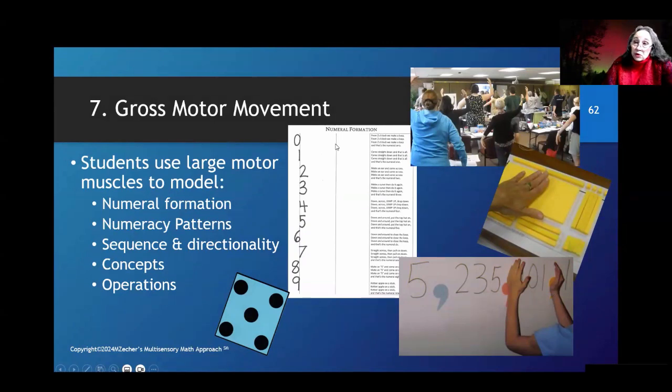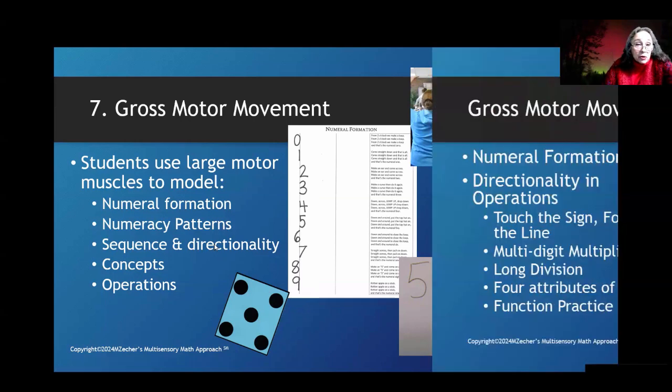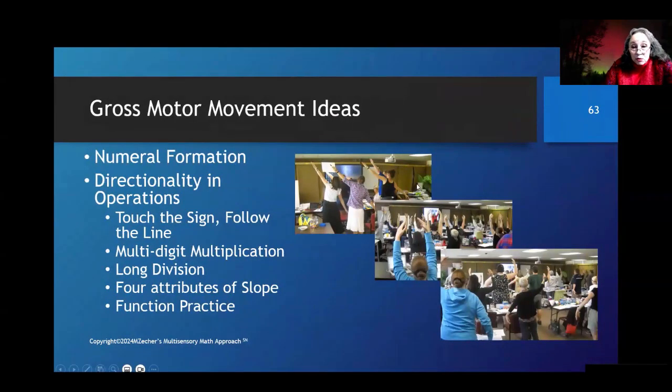Reading large numbers for younger students, numeral formation, clapping the pattern of 5, doing cubic and quadratic functions in algebra yoga so that we can learn about vertical compression, vertical stretch, and flipping them over. All kinds of things can be taught with gross motor. So those gross motor movements, here's linear functions, quadratics, and cubics.